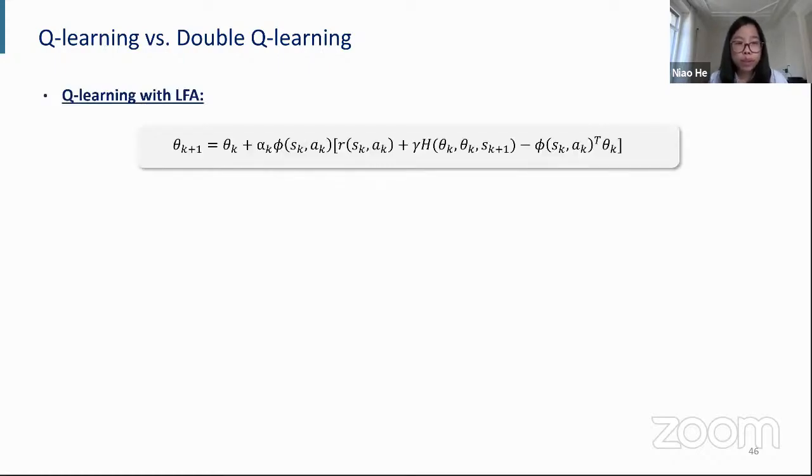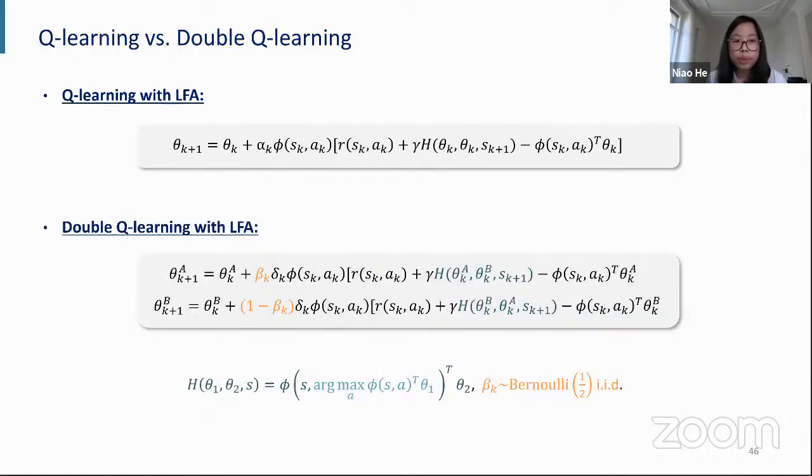Recall that the Q-learning algorithm, if we were to use a linear function approximation, basically looks like the following. And if we were to use double Q-learning algorithm with linear function approximation, we're going to keep two separate estimators for the value functions. One is using parameter theta A, the other one uses the parameter theta B. Here in particular, I'm adding this coefficient beta k, which is just a Bernoulli random variable, because we're going to update either of those based on flipping a coin, right?